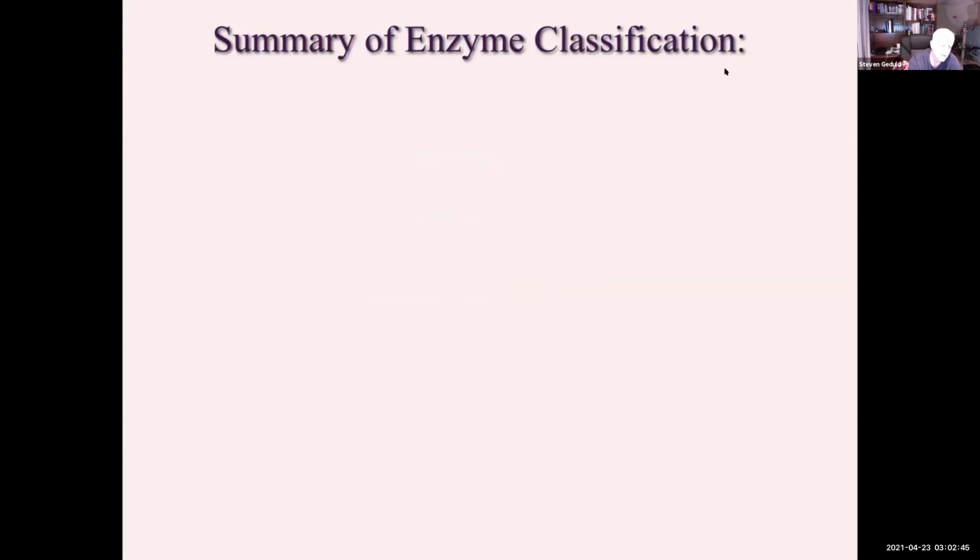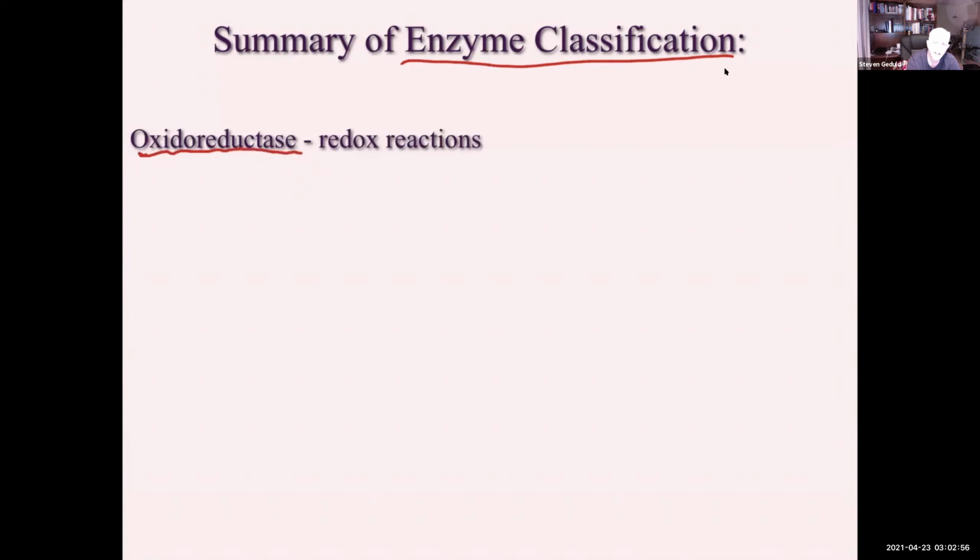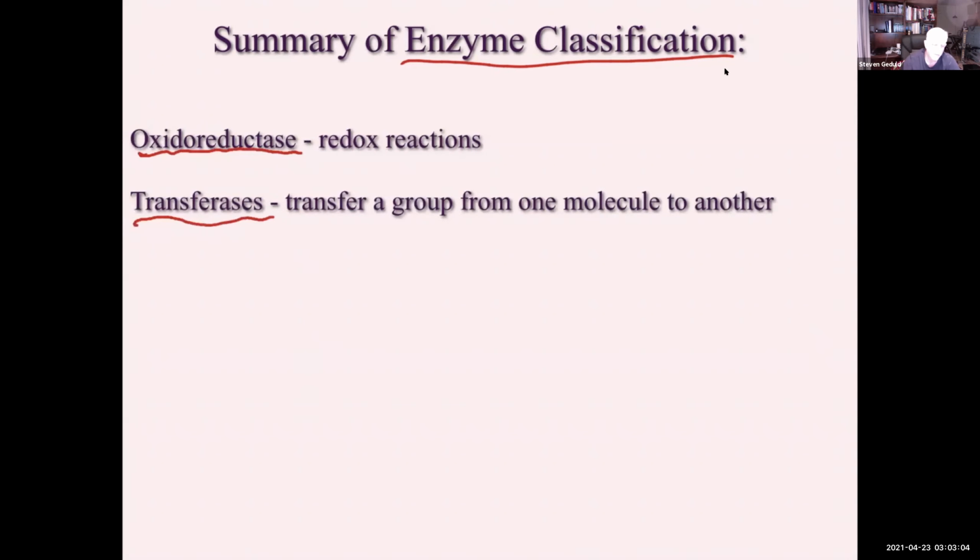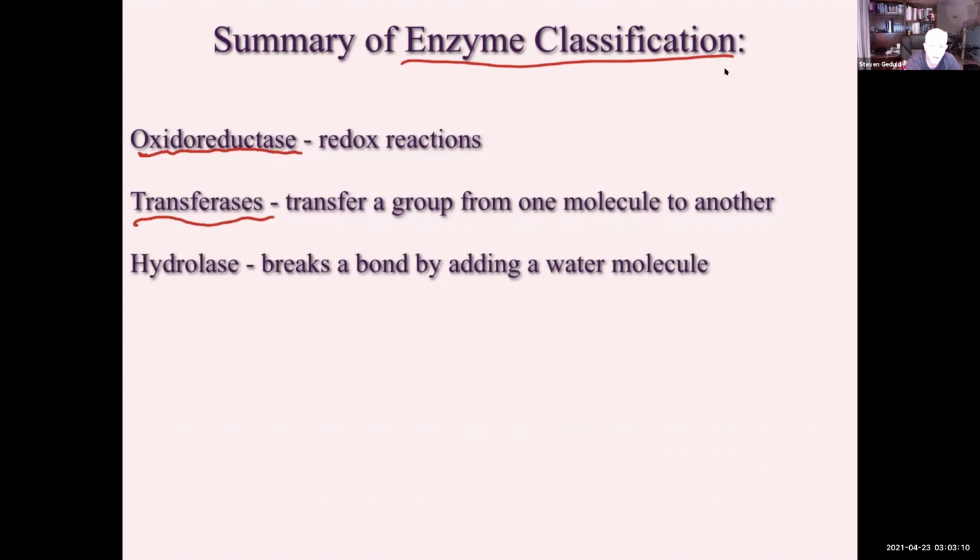So to summarize your enzyme classifications: oxidoreductases catalyze redox reactions, reduction oxidation reactions. Transferases transfer a group from one molecule to another. Hydrolases break a bond by adding a water molecule back across it.